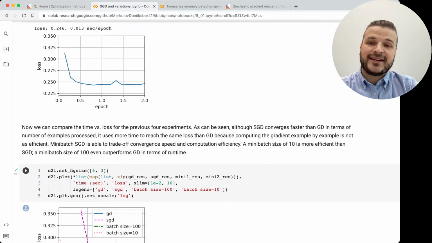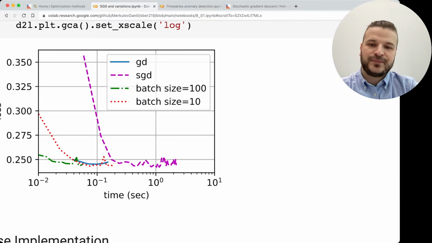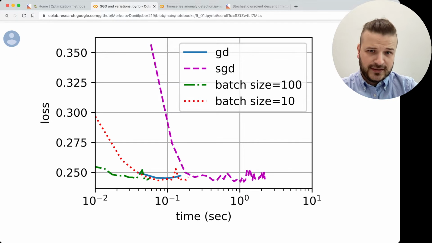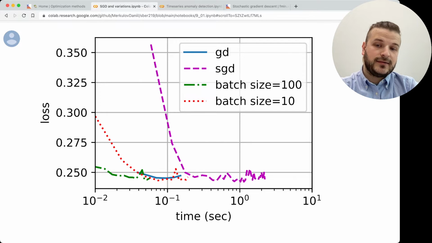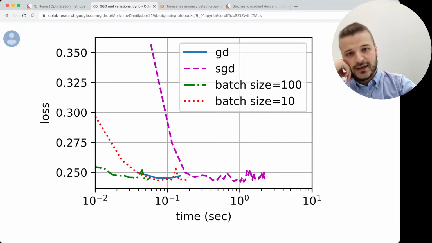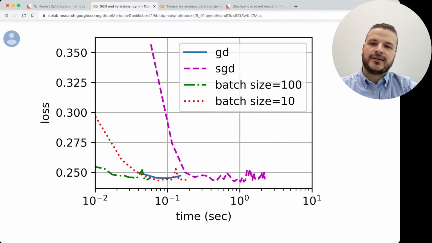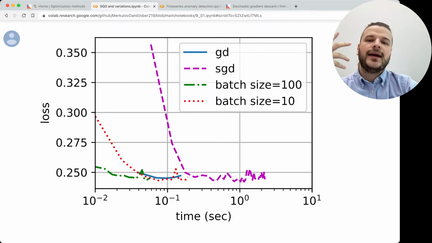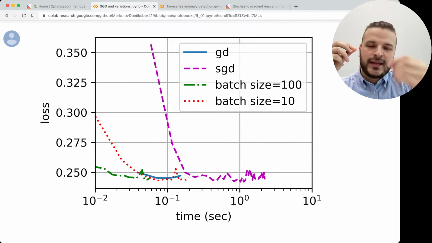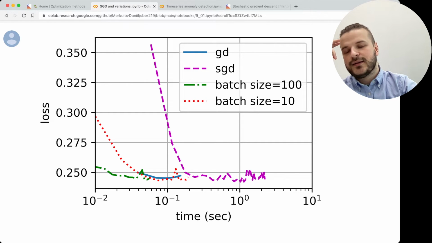And the interesting graph here is a comparison of loss function value evolution and time spent on the process. The purple line here stands for SGD, which refers to the unit batch size, and the blue line stands for the full gradient descent, or vanilla gradient descent. And in fact, if you increase the batch size, you'll go somewhere from the purple line to the blue line.